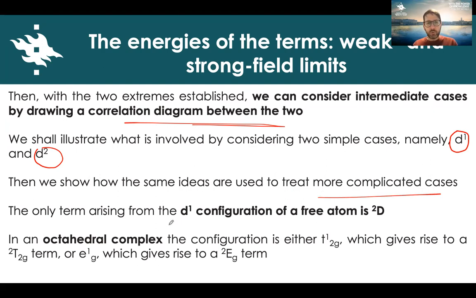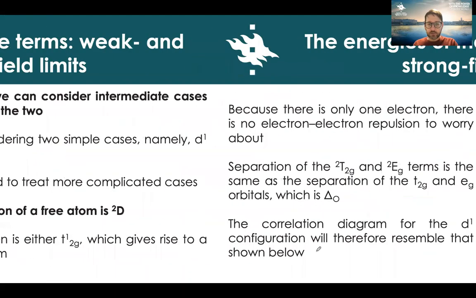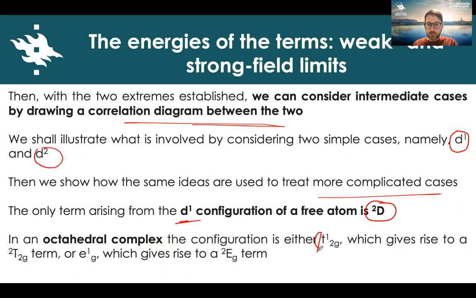So for example, if we have a d1 configuration, the only term arising from this configuration of the free atom is the doublet D. So in an octahedral complex, this configuration is either t2g, which gives rise to this term, or eg, which gives rise to this term.